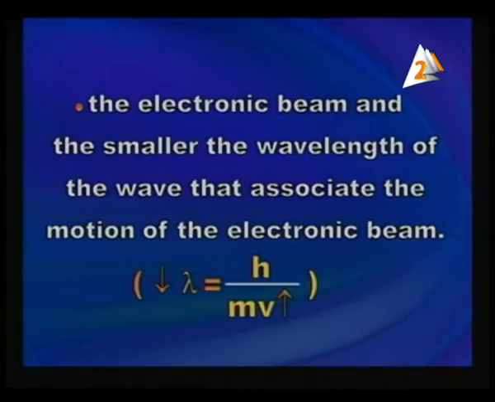This can be deduced from the relation lambda equals h over mv, de Broglie equation. When the velocity is increased, the electronic beam is accelerated, and the wavelength is decreased.